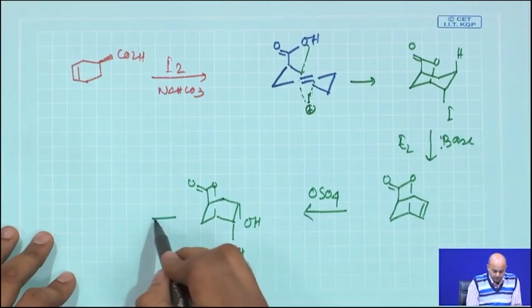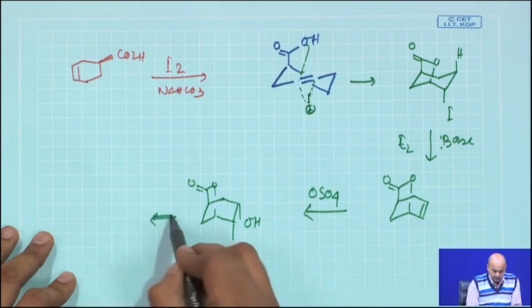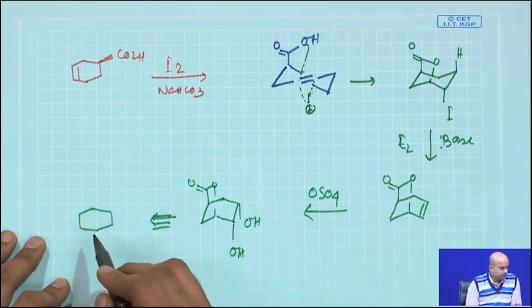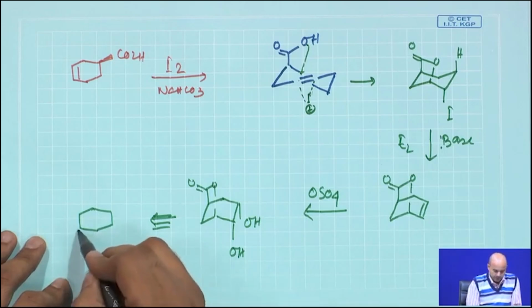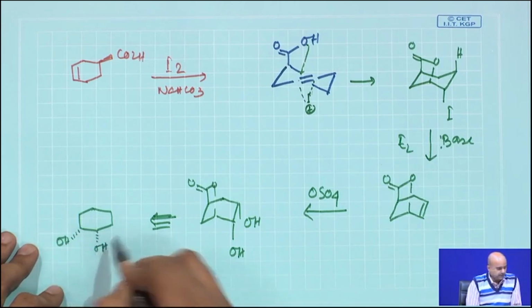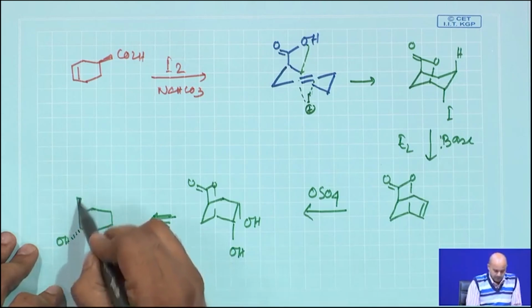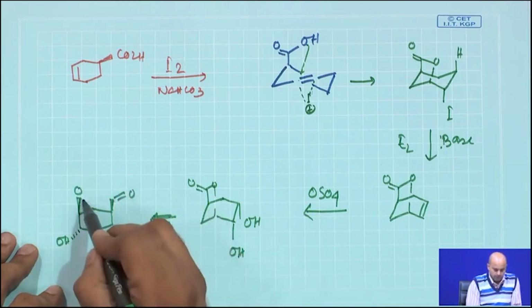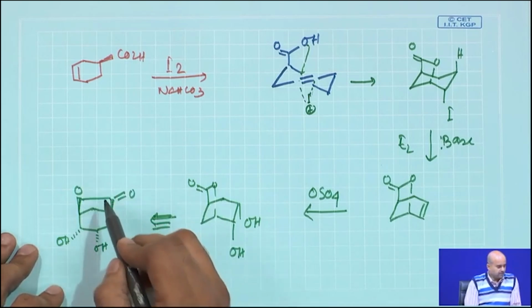So, this compound, if you write it in a 2-dimensional stereochemistry, has OH here, OH here, and an O, a C double bond O. Now, what you need to do?